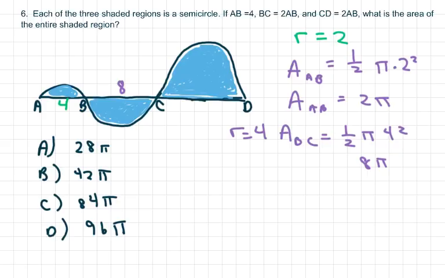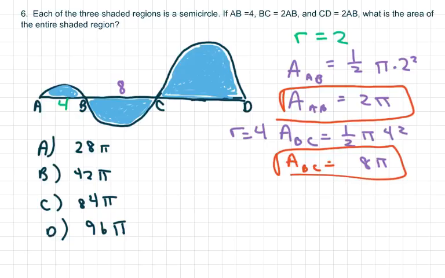So now we have the area of AB and the area of BC, the semicircle. The next thing we're given is that CD is 2AB, and so 2 times 4 is 8.